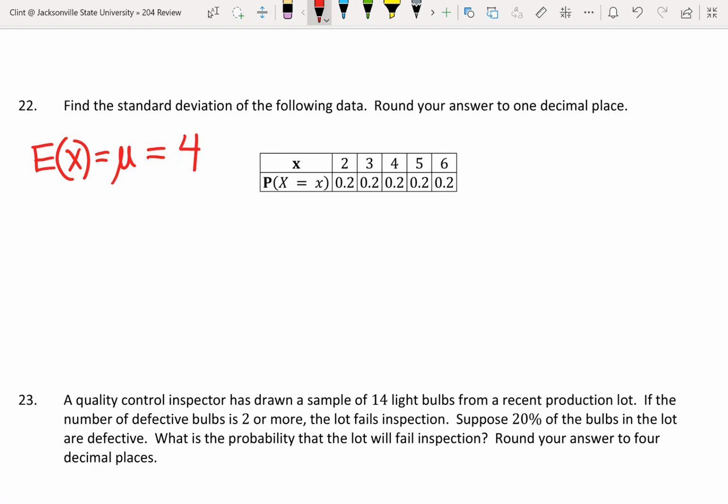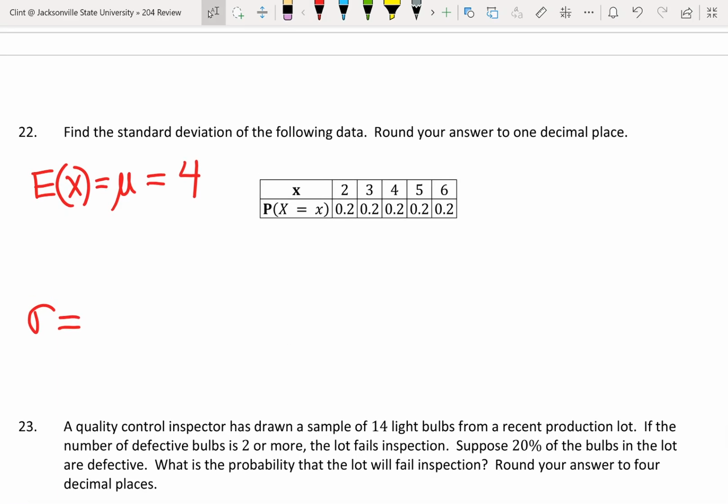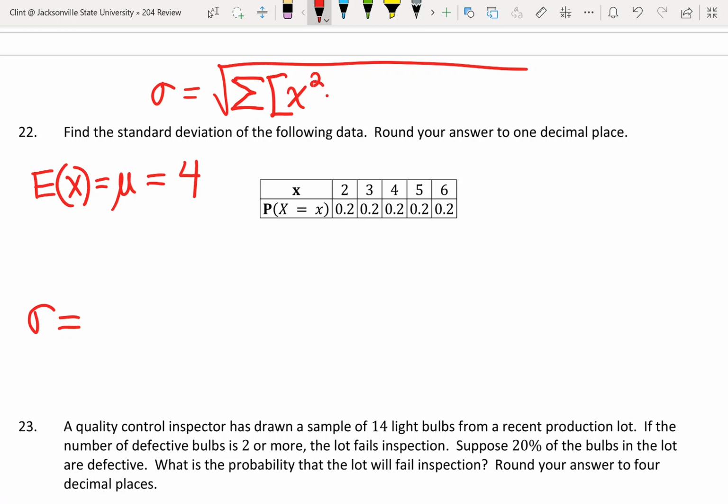Okay. And then for standard deviation, let's see if I can remember the formula. It is the square root of the sum of each outcome squared times its probability, minus mu squared. So here we take each outcome and square it, and then multiply it by its probability.